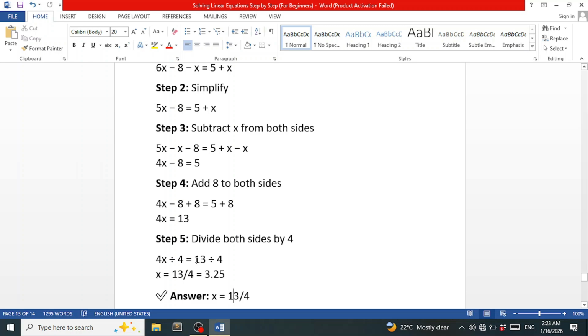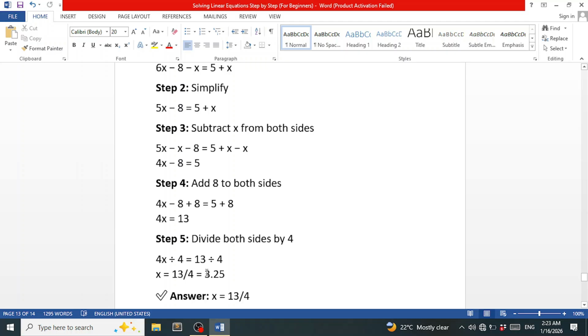By the way, you can express 13 divided by 4 using these symbols, or in mathematics this is also 13, then forward slash 4. In mathematics, my teachers tell me that whenever a numerator, this number on top, is bigger or larger than the denominator, the number below, or the number after this forward slash, then you need to express it either in decimals, or you express it in what we call mixed fraction.